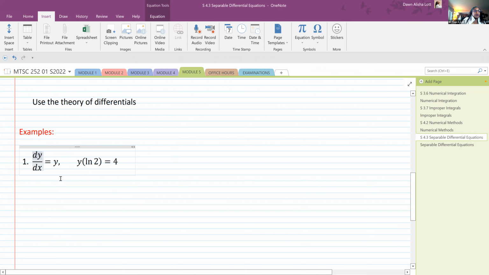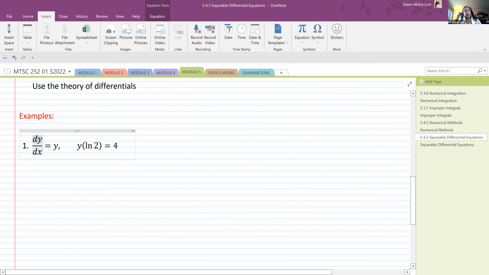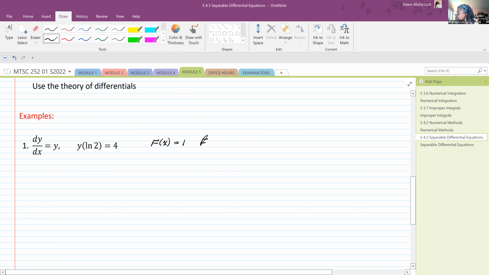Okay, so the fact that this thing is separable, here you can see that f of x is simply just 1, and g of y is just y.